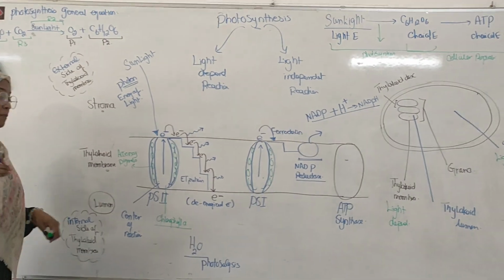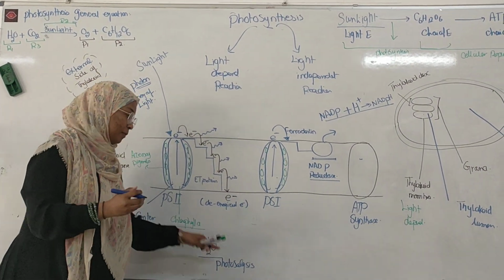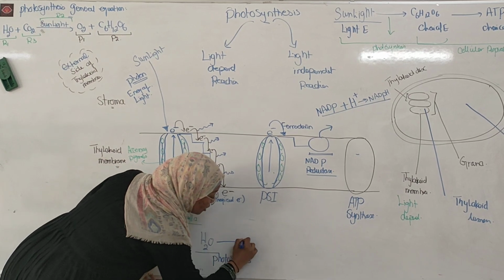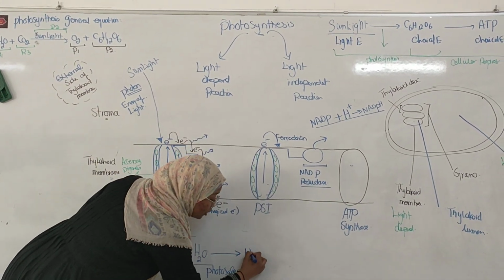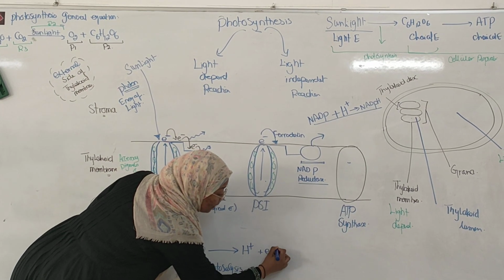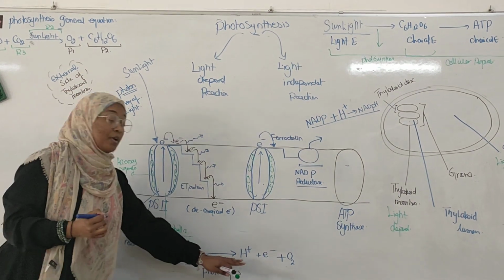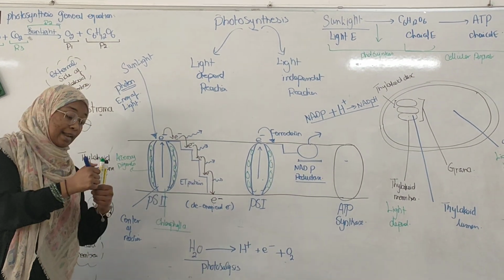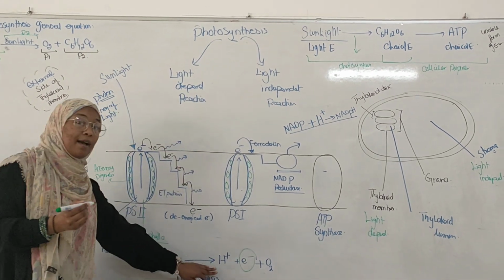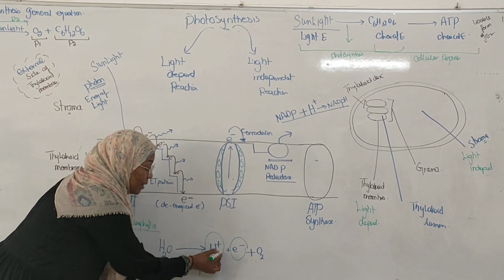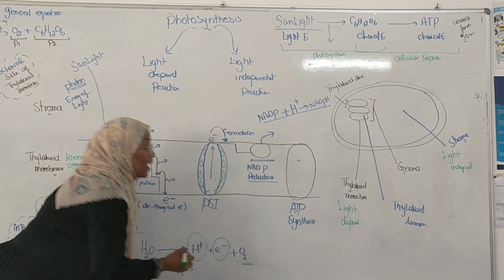What's photolysis? Photolysis is the dissociation of the water molecule. The water molecule will be dissociated into its main components: you have hydrogen, you have electrons, and then you have oxygen.